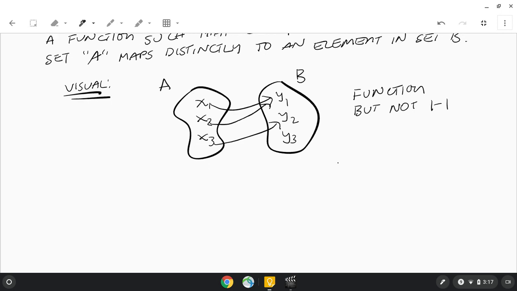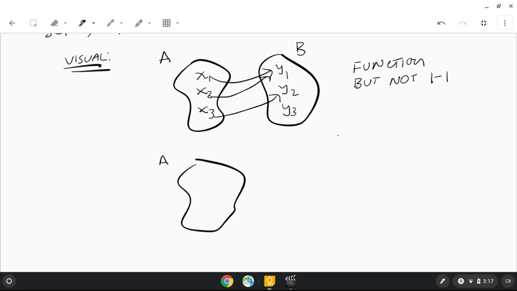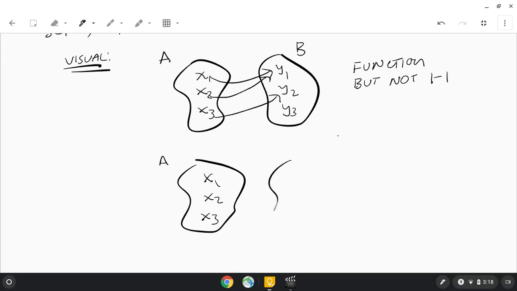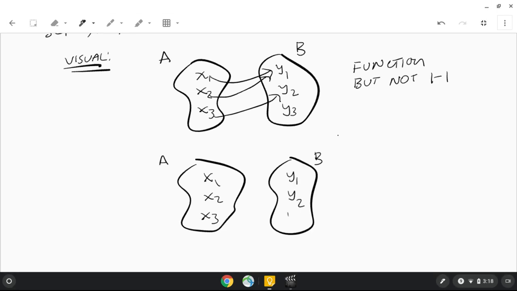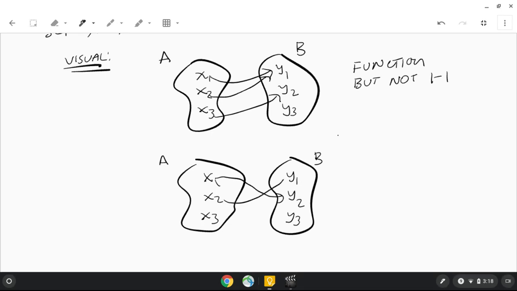Okay, this is what it looks like if it's going to be a one-to-one function. So here, every x value has to get mapped to its very own y value. So maybe x1 goes here and x2 goes up here.